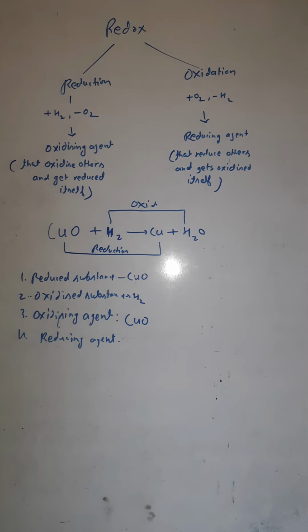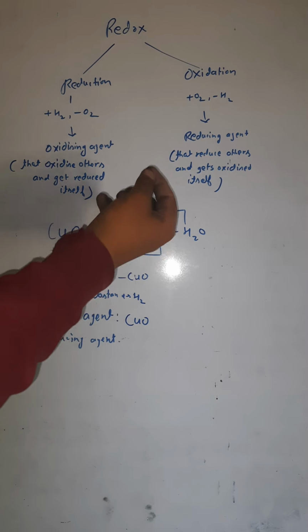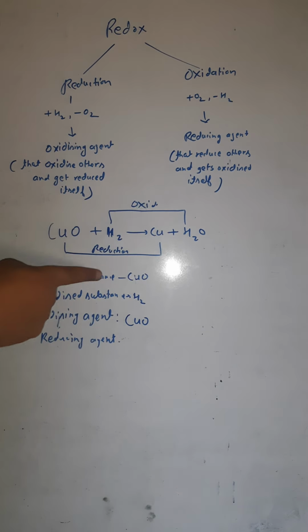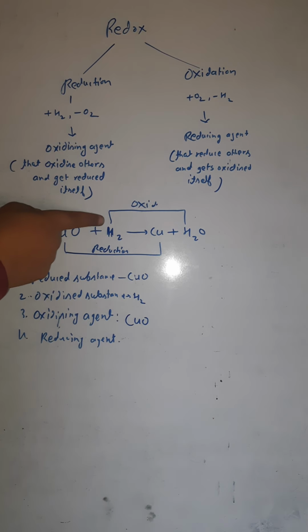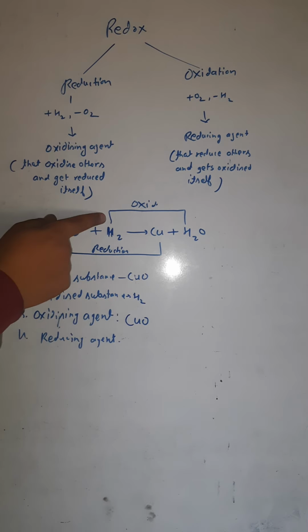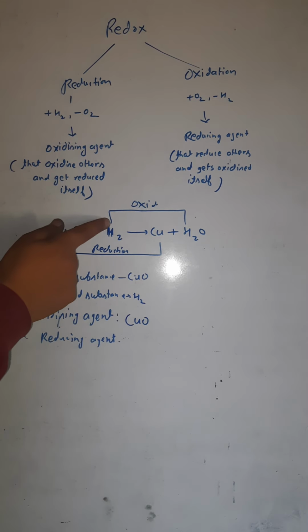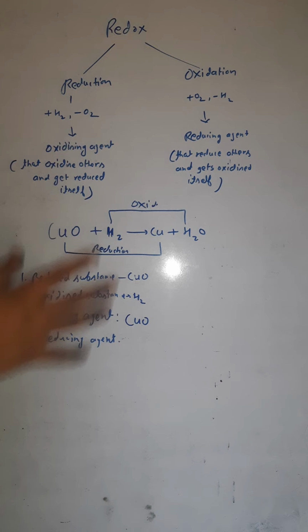At the same time, reducing agent means the substance which is reducing others but itself it is being oxidized. Here, hydrogen is reducing copper oxide because hydrogen is taking oxygen from the copper. So hydrogen is reducing copper oxide, but itself hydrogen is getting oxidized.